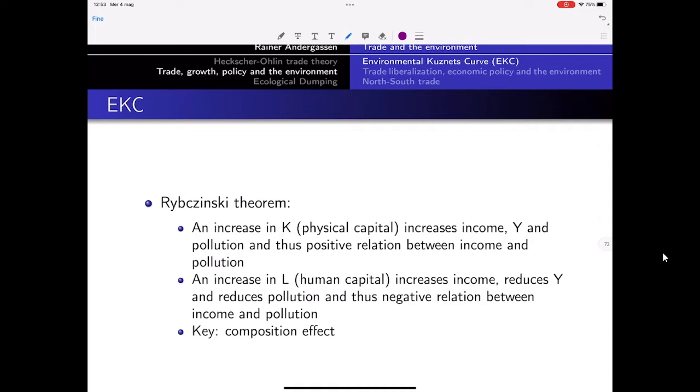So now growth in developed countries occurs through accumulation of human capital rather than physical capital.